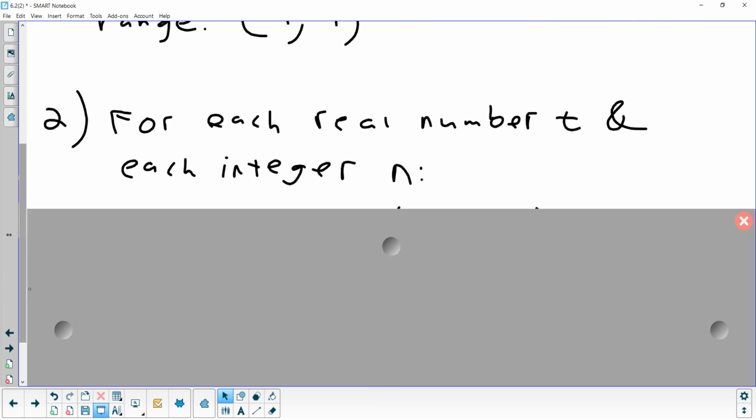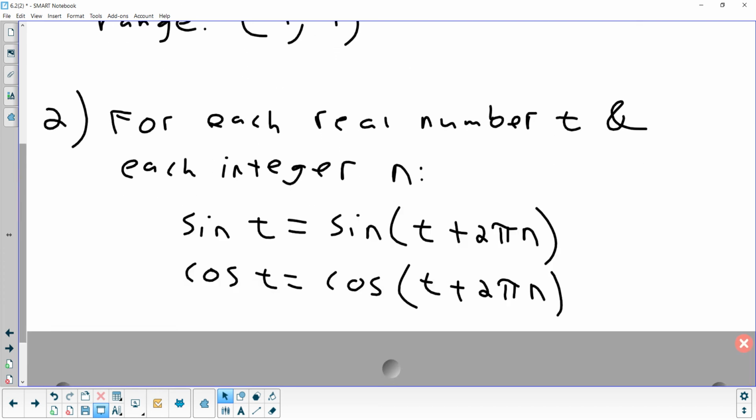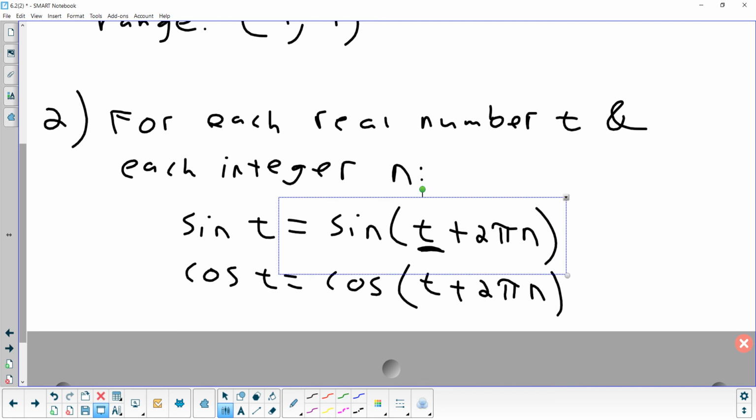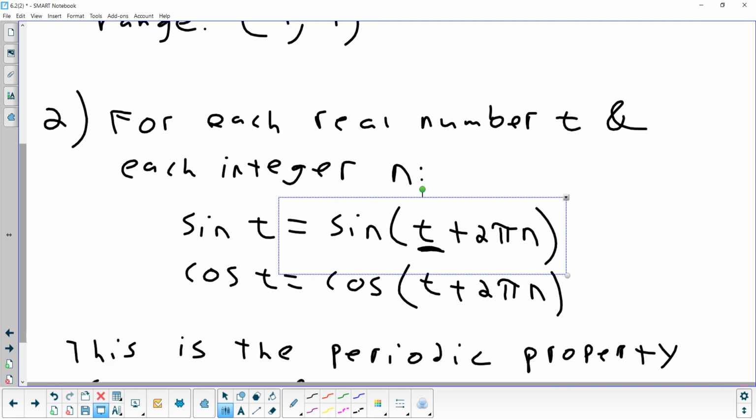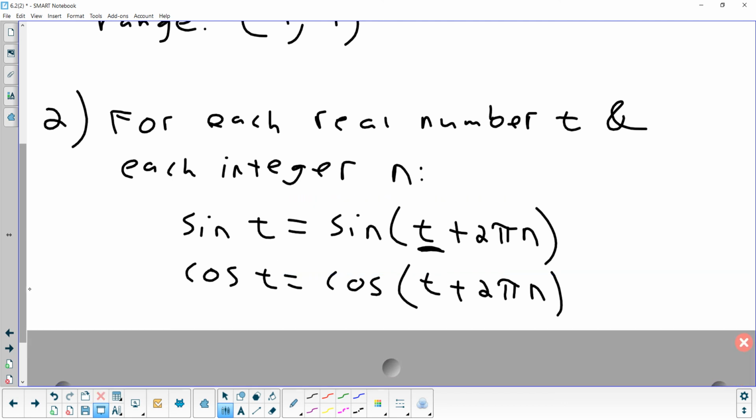And that is what this is saying right here. You can take any number you want, including 1, or 2, or 3, or 4. Any number you want. And you can add 2 pi n. N is an integer.